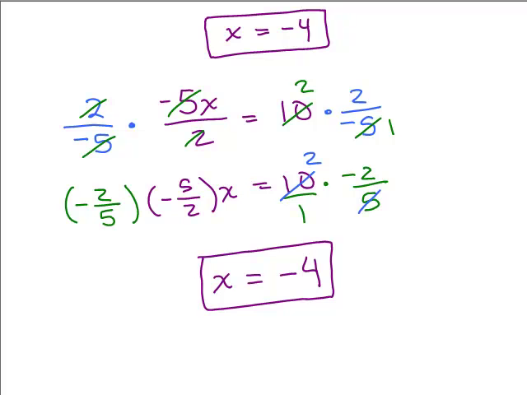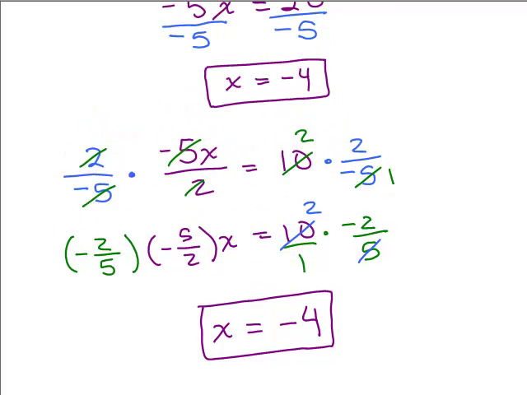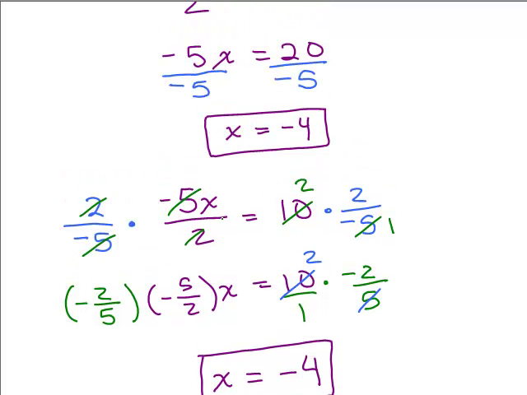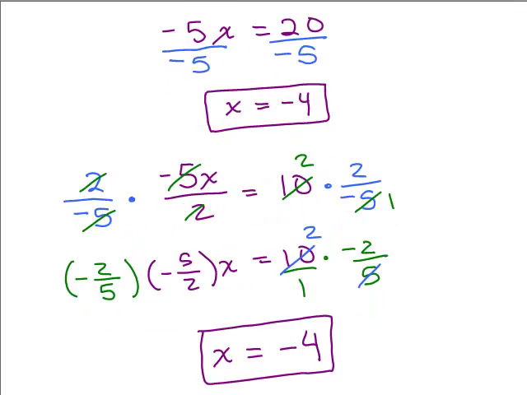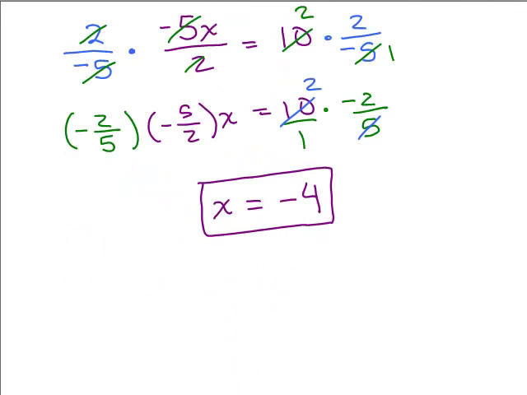If you know about proportions, you could do it that way as well. So let's see, the original problem, negative 5x over 2 equals 10. You could write as negative 5x over 2 equals 10 over 1.